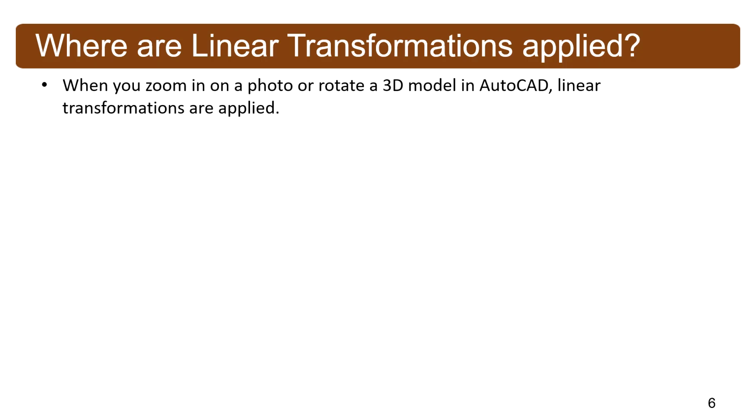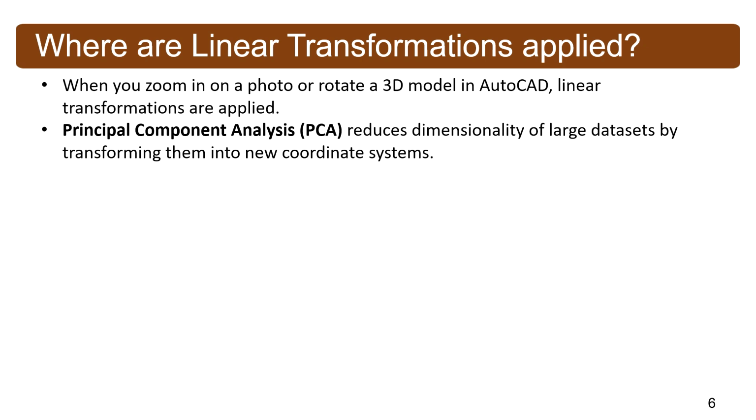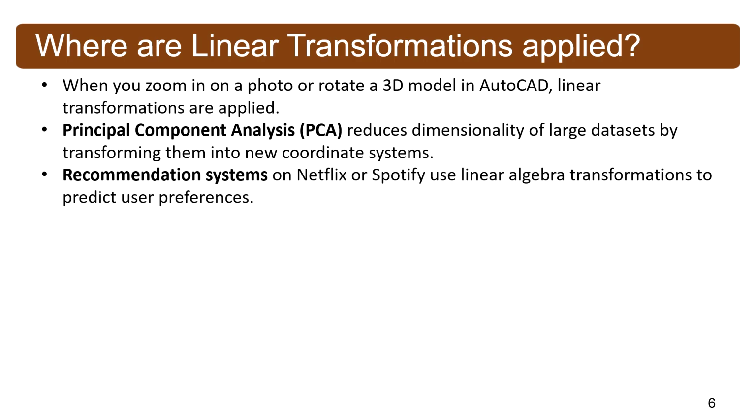When you zoom in a photo or rotate a 3D model in AutoCAD, linear transformations are applied. Principal component analysis reduces dimensionality of large datasets by transforming them into a new coordinate system to simplify the dataset. Recommendation systems on Netflix or Spotify or even YouTube use linear algebra transformation to predict user preferences.